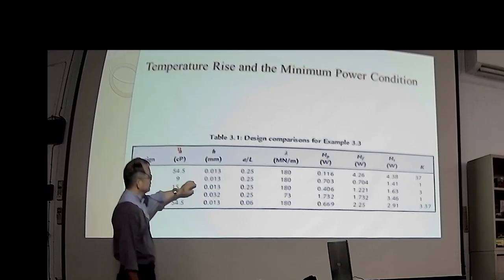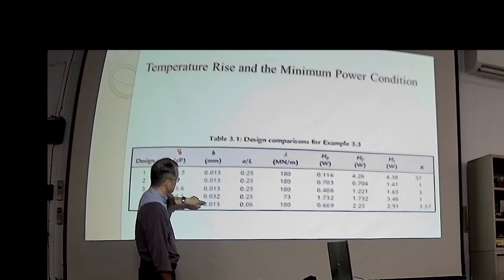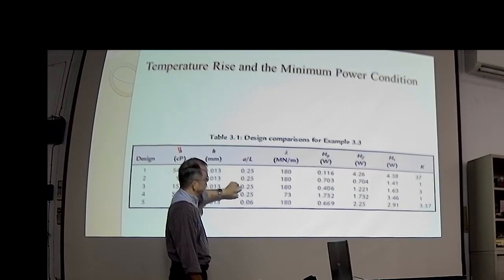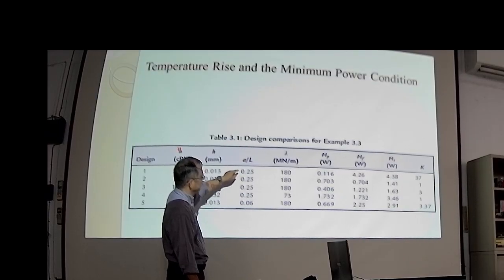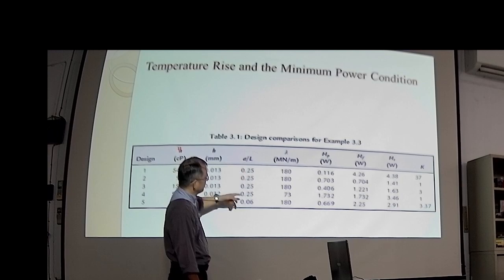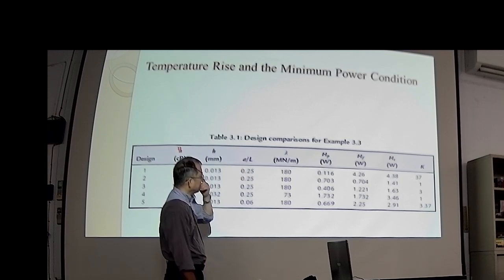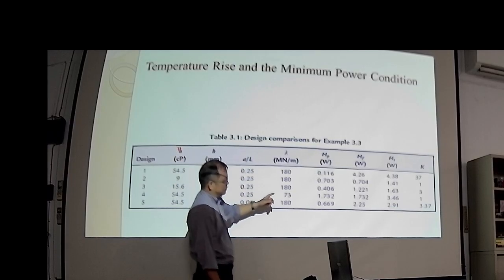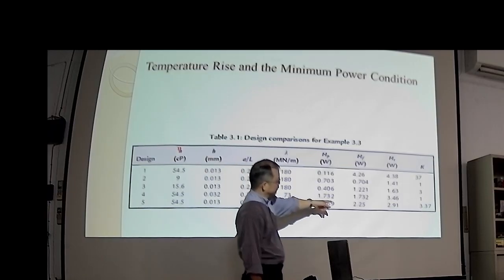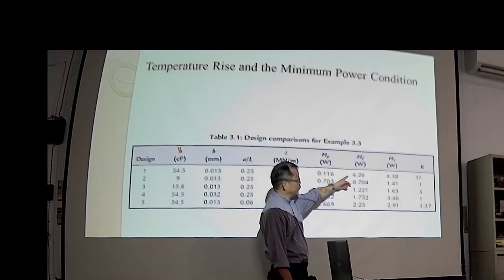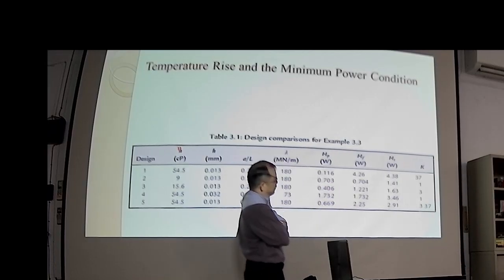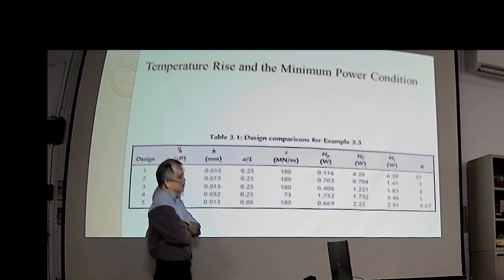So the film gap thickness is the same, but the bandwidth is different. So we compare design 1 and design 5. Okay? So we reduce the bandwidth ratio, and you will have very small friction power, from 4.26 dropping to 2.25. Okay?